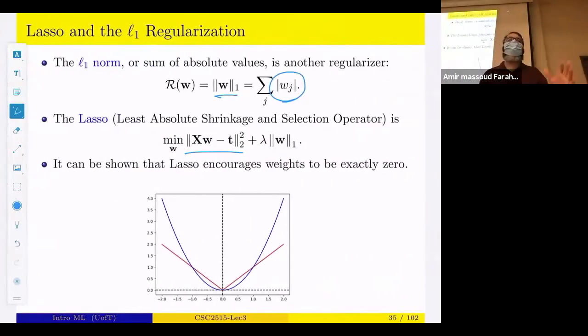If we change L2 norm to L1 norm, we get so-called lasso. And it can be shown that lasso encourages weights to be exactly 0. Not always, of course, but it pushes weights to be 0, and in some cases they become exactly 0, not like 0.001, but exactly 0.